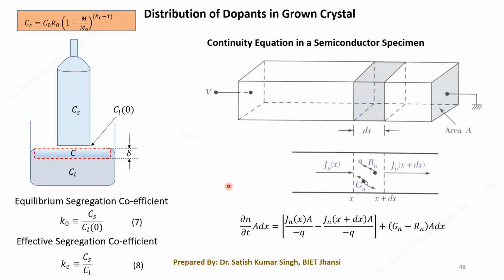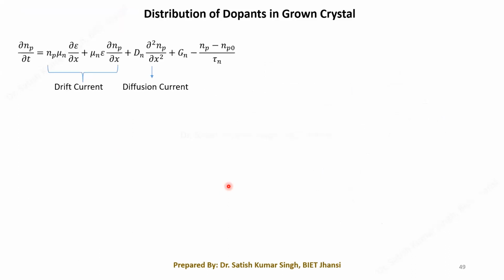Fine. So after writing those equations for your Gn and doing the Taylor series expansion, you will be getting a certain equation like this, where this is your net thermal generation and this is your net thermal recombination rate of your charge.